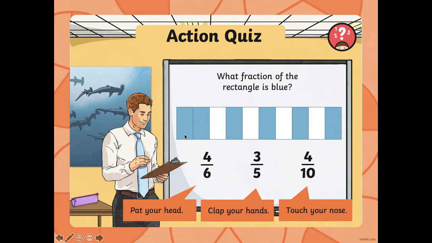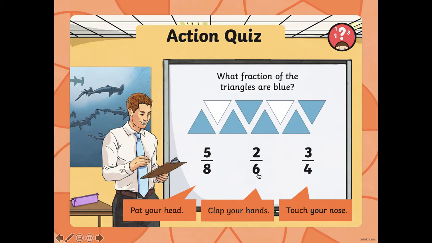And then there are 1, 2, 3, 4, 5, 6 blue. So the fraction would be 6/10. And the equivalent fraction for that would be, is it this one? No. Is it this one? No. It is 3/5. That would be the equivalent fraction.